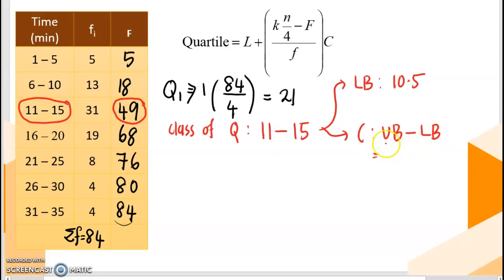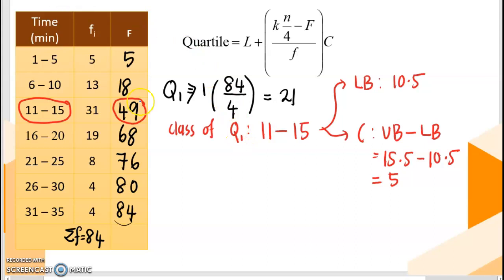Upper boundary for this class is 15 plus 16 divided by 2, which is 15.5, minus lower boundary 10.5, equals 5. Okay, done with the class of our first quartile.